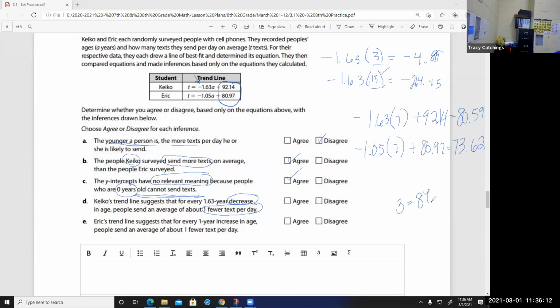Point what? All right, now do it for 4. Multiply 4 times negative 1.63, and add 92.14. 90 what? 0.61. All right, so did we see about an average of 1 fewer text message?